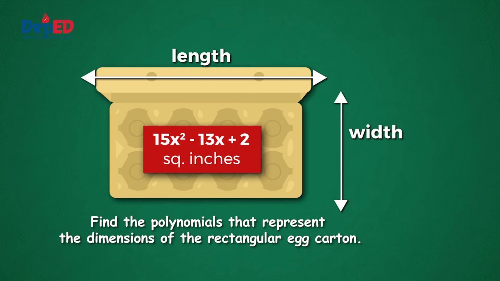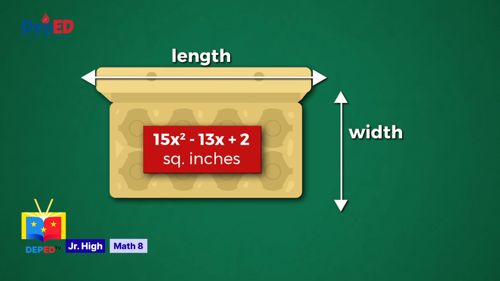We are given a polynomial with 3 terms. It is a trinomial. But is it a perfect square? No, it is not. So this is a general trinomial. The area of a rectangle is equal to the product of its length and width. And we are asked to find its dimensions.